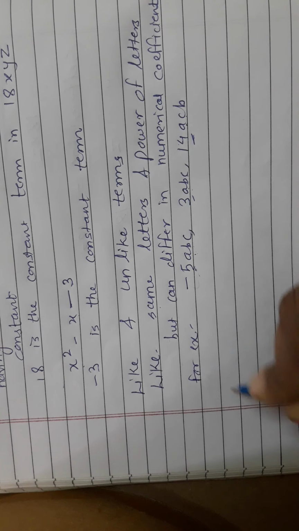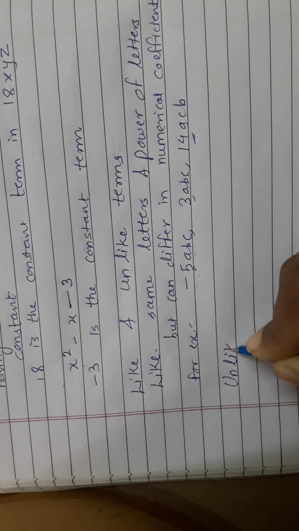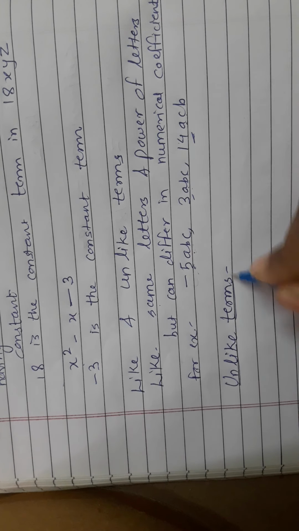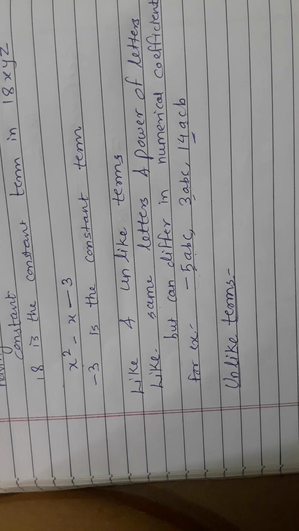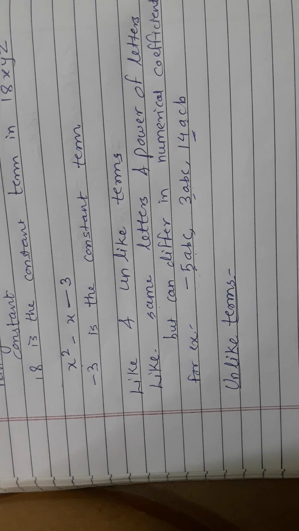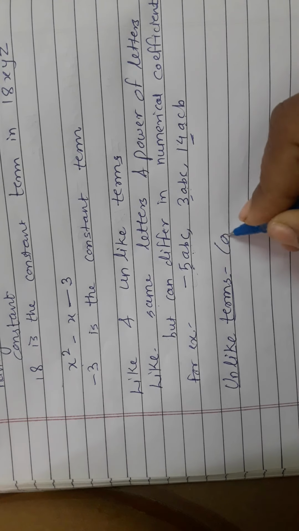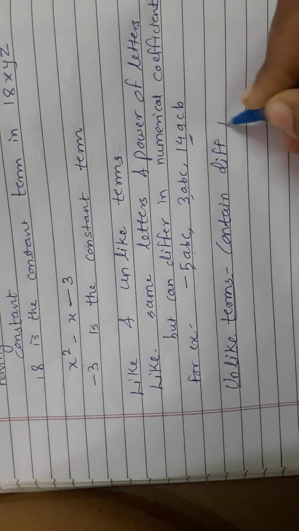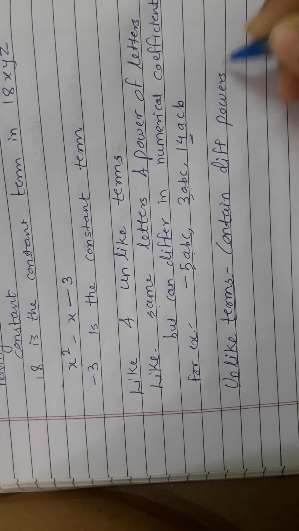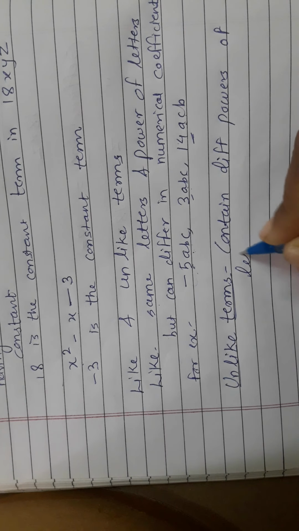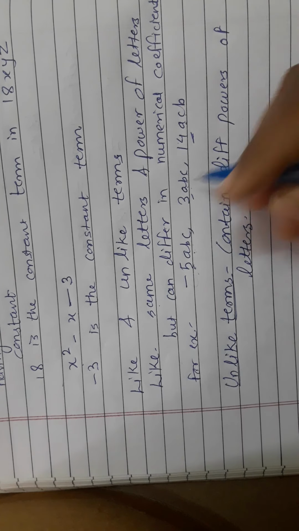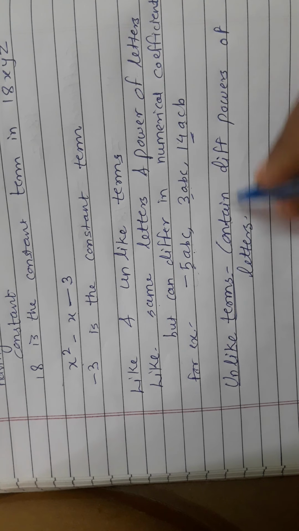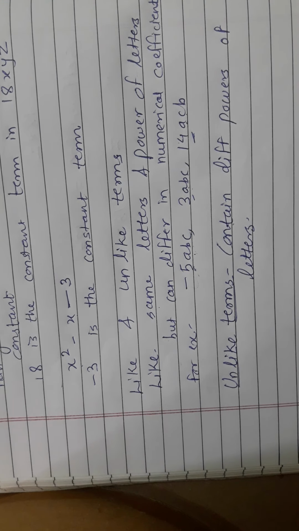Then what is meant by unlike terms? Unlike terms contain different powers of letters. Here there are the same letters and powers of letters, but here they contain different powers of letters.